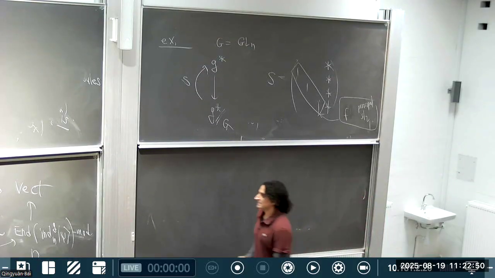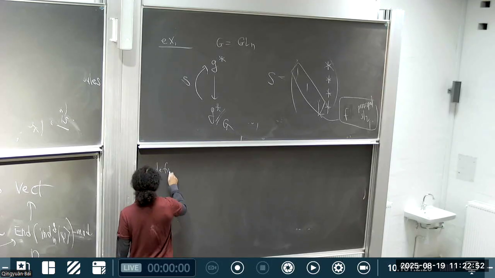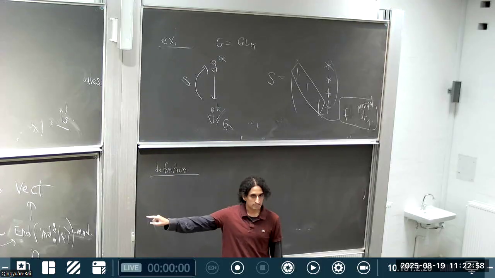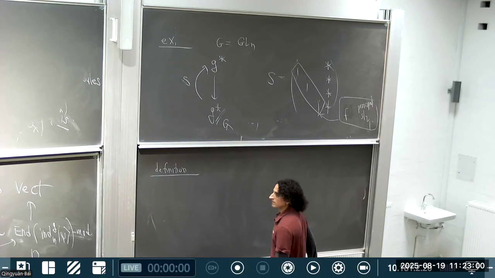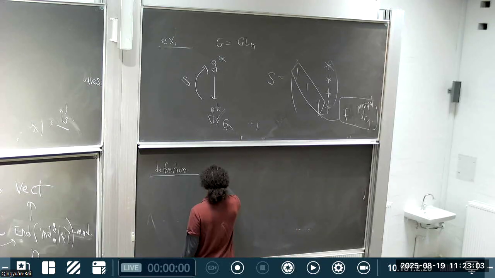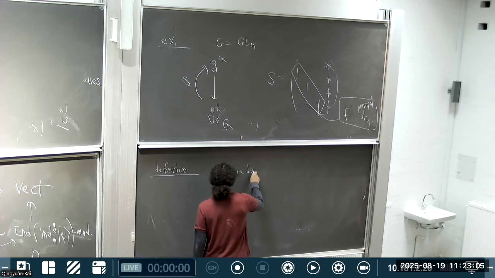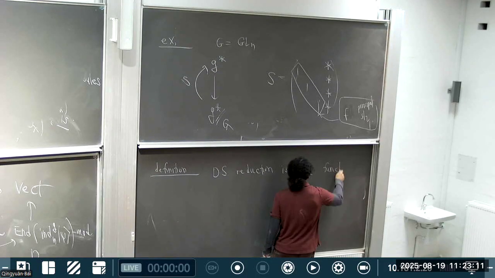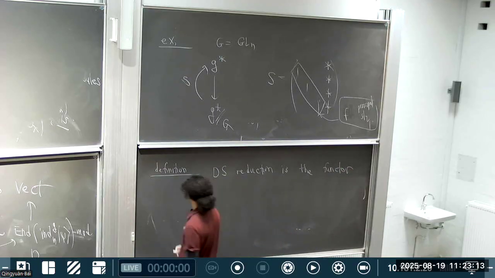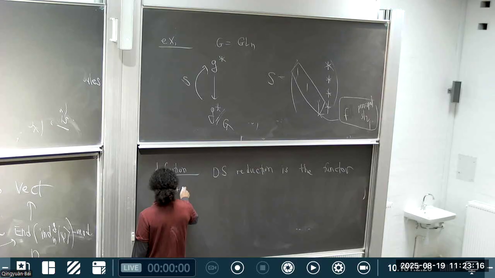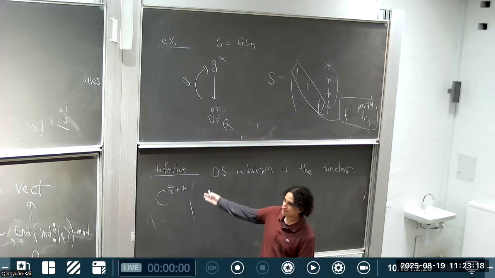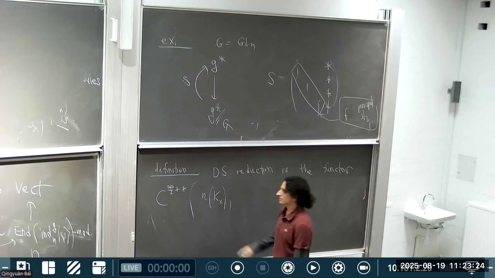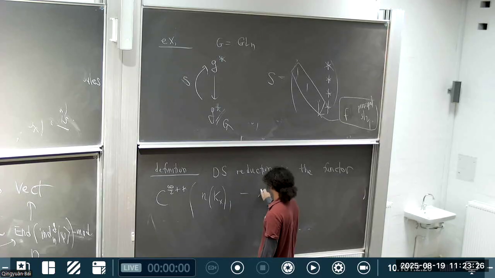Okay. So the last thing to say is that you can just copy this into the affine setting. Okay. So now the DS reduction is the functor. Now we're taking again the only homology theory we have around. Now we're applying it to loops into our thing.